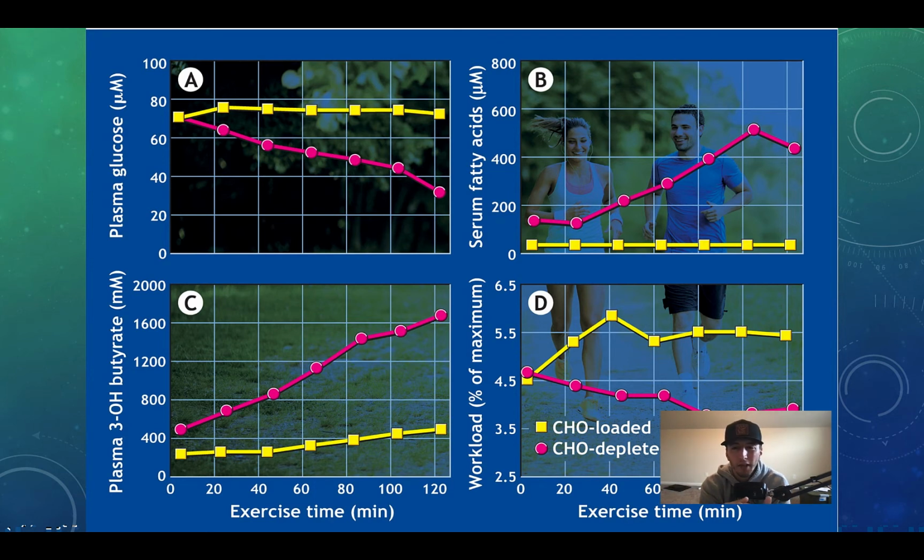And on panel D, you can see that with high carbohydrate fueling for the carbohydrate adapted individual, you can actually maintain a significantly higher workload. Again, with an asterisk, this is only in individuals that habitually consume carbohydrates, right? If we were to have someone that habitually does not consume carbohydrates, the graphs might look different.